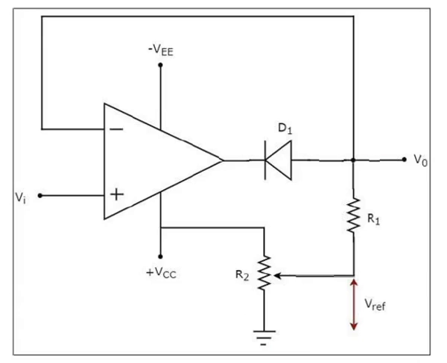In the circuit shown here, a sinusoidal voltage Vi is applied to the non-inverting terminal of the op-amp. The value of the reference voltage can be chosen by varying the resistor R2.